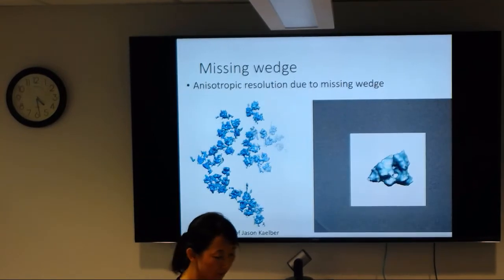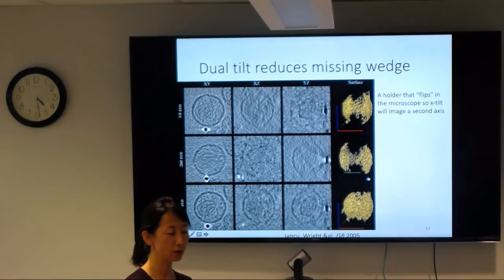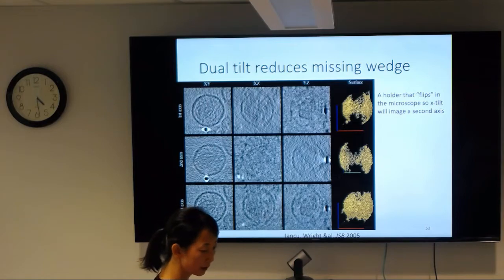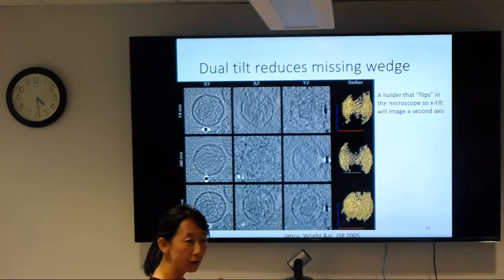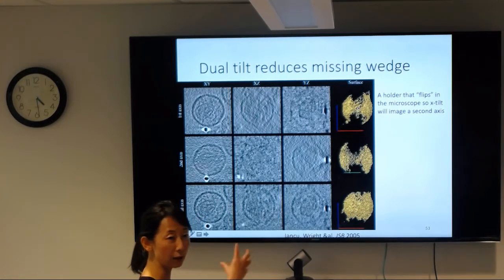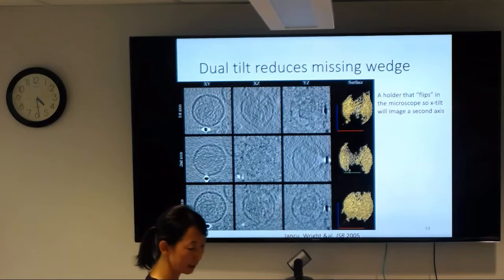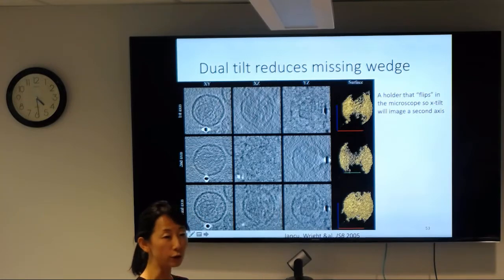Another way to do it, as you mentioned, is dual axis. This is a very spherical object, and this is the missing wedge effect after reconstruction. You can see it very clearly in X and Y, and then in the Z direction you really have missing information and it is stretched a little bit, right? This one is also very close. This is after dual axis.